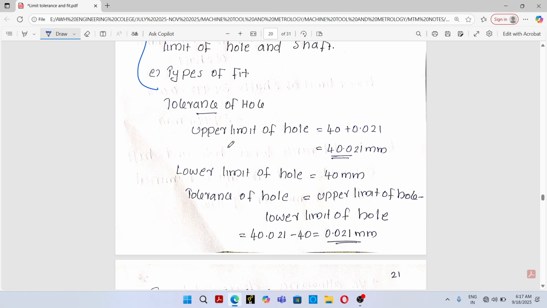Upper limit of hole is equal to 40 plus tolerance of hole 0.021, that is 40.021 mm. Lower limit of hole is equal to basic size as we are following the hole base system, that is 40 mm. Then tolerance of hole, upper limit of hole minus lower limit of hole, that is 40.021 minus 40, that is 0.021 mm.